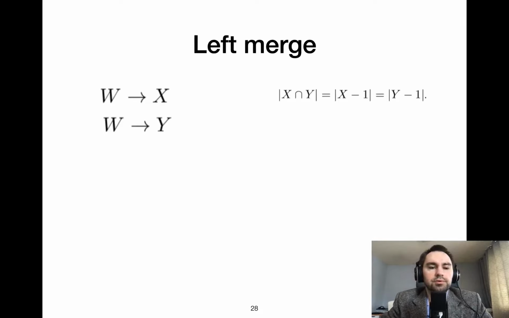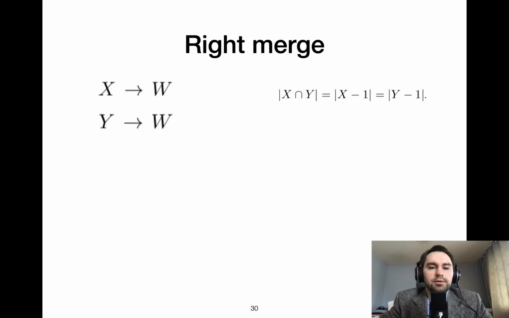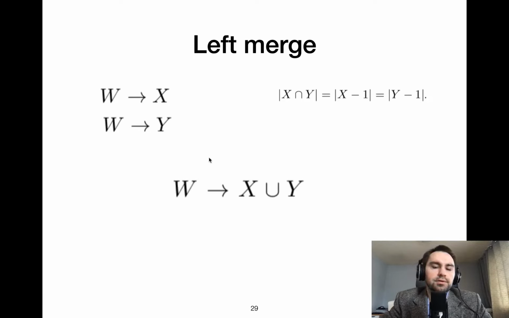Left merge between two rules is just the item sets on the right being merged together, and right merge is things on the left being merged together. The reason it's called left merge is because we're given the thing on the left.